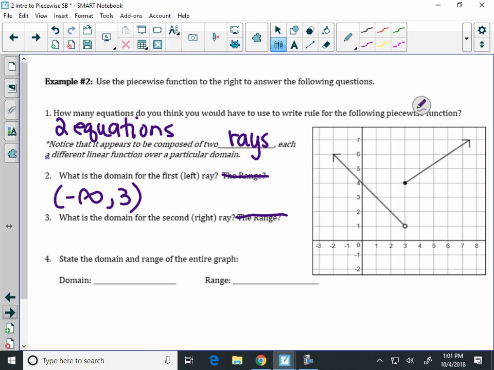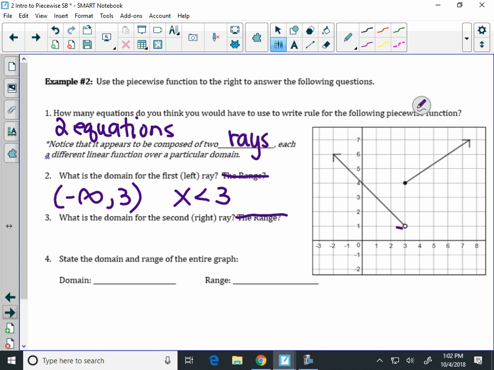You would say all the x's, are they less than 3, bigger than 3, less or equal to? How do I write that as an inequality? X is what? Less than 3. All right? So there I just had you write it twice in 2 different ways. So you can write your domain as an inequality or as an interval.